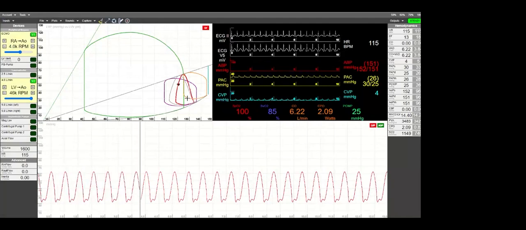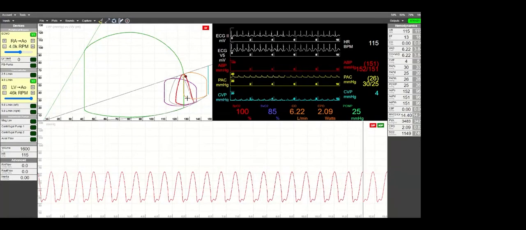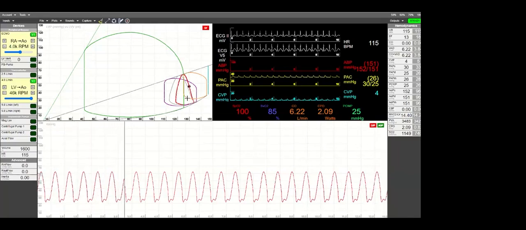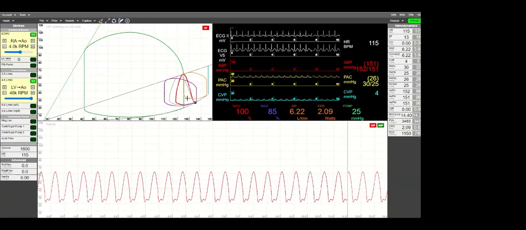Now we are unloading. So with Impella, we also get that volume unloading. But what we want to think about here is that with the Impella, we have active forward flow unloading, which means we're now contributing more output to the system. We're increasing our hemodynamic stability, increasing that systemic perfusion side of things.